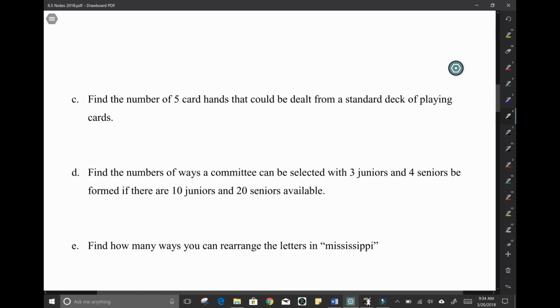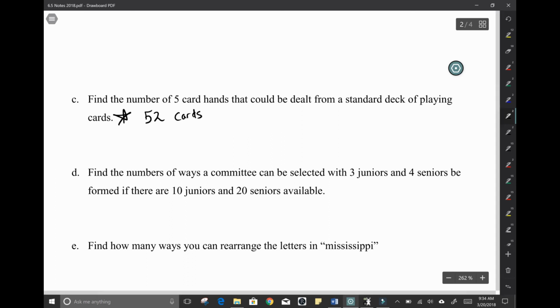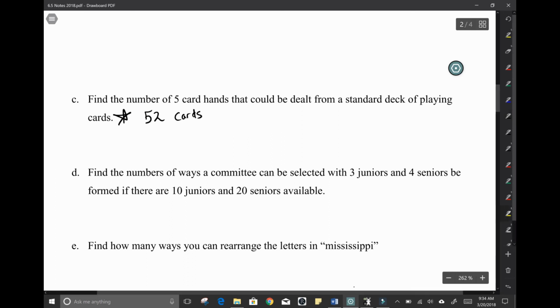The number of 5 card hands that could be dealt from a standard deck of playing cards. Just note, a standard deck of playing cards is 52 cards. If you're not too familiar with a standard deck, you will be by the end of this class. A dealer is handing you 5 cards, so you have 52, and essentially you're choosing 5 of them.